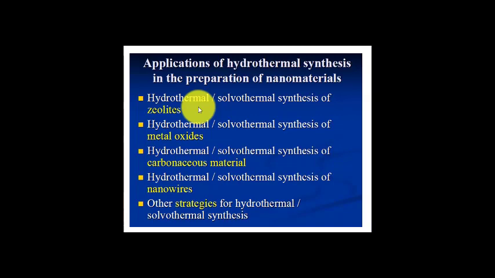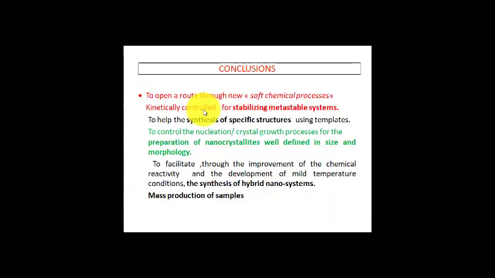The hydrothermal method can also be used for the synthesis of simple metal oxides, carbonaceous materials, and nanowires, and the conditions can be changed during the synthesis through the hydrothermal method. Dear students, this is all about hydrothermal synthesis.